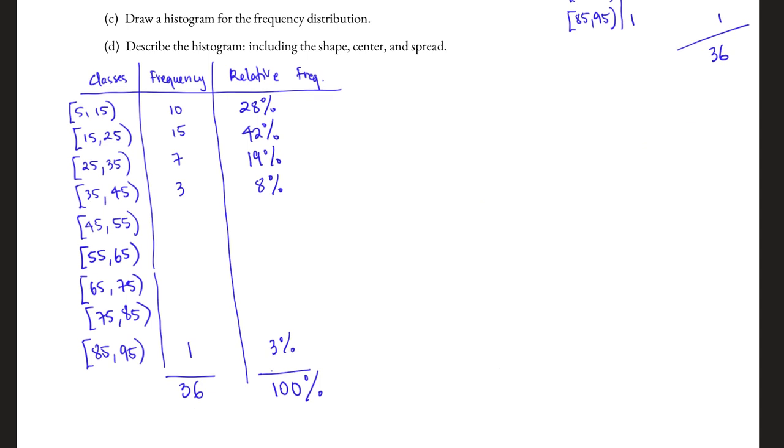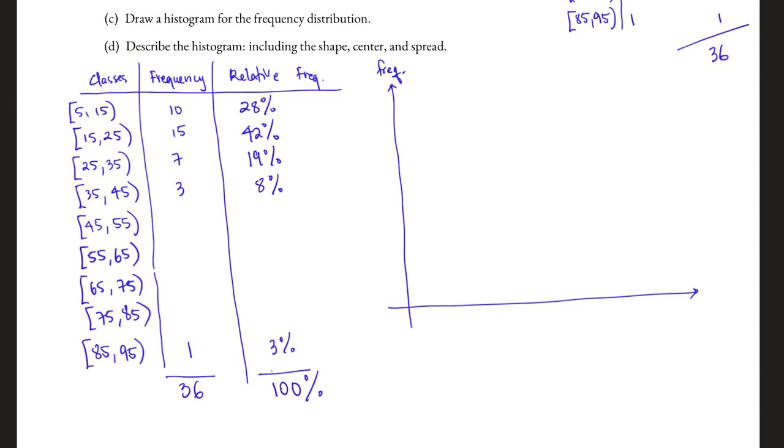To construct a histogram, we draw the axis. The horizontal axis will contain the classes, and the vertical axis will list either the frequency, which is the count, or the relative frequency, one or the other.